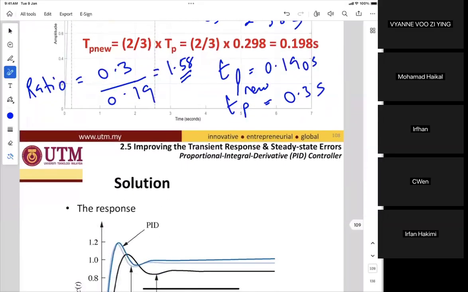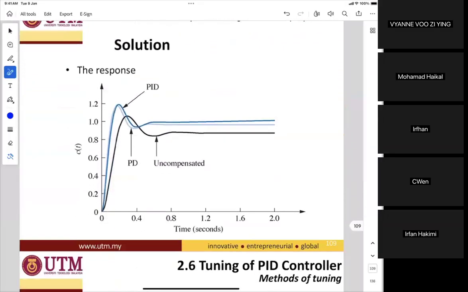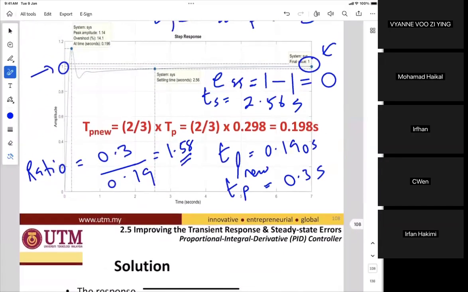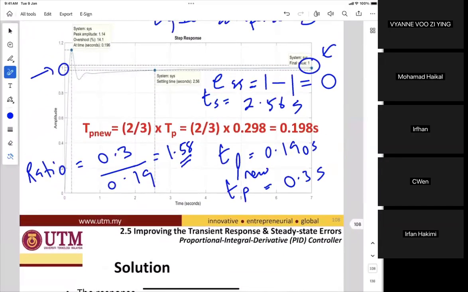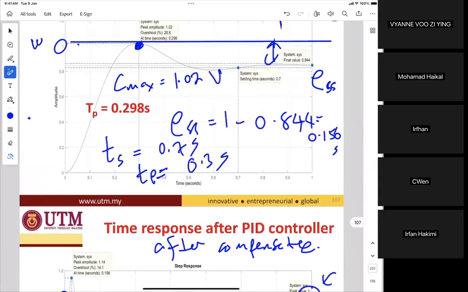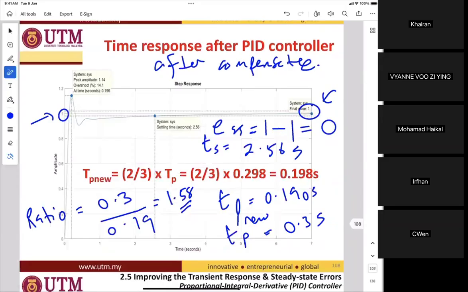Doctor, what is the settling time before the PID controller? Before, 0.7, and after, 2.9.